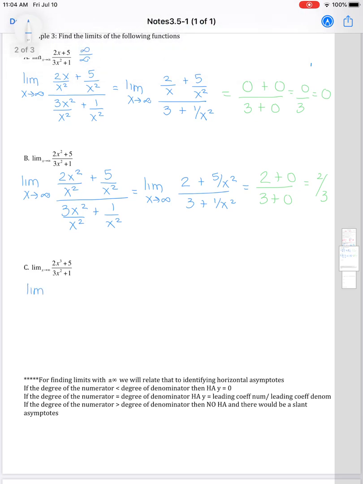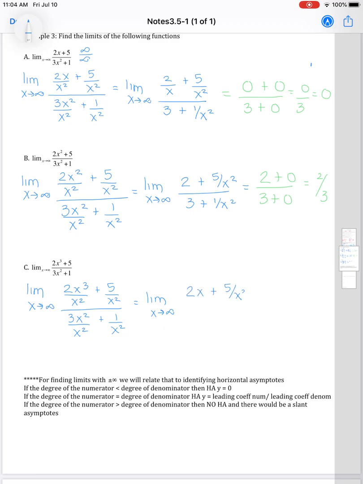Last one. In this case, we're dividing still by x squared, so notice the denominator hasn't changed in any of these cases. It was only the numerator. We're going to simplify.